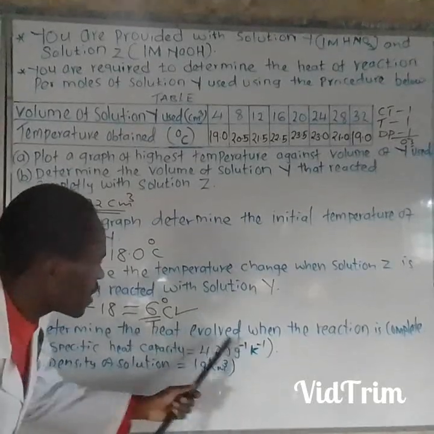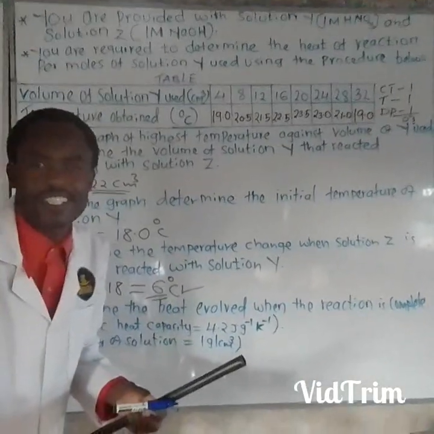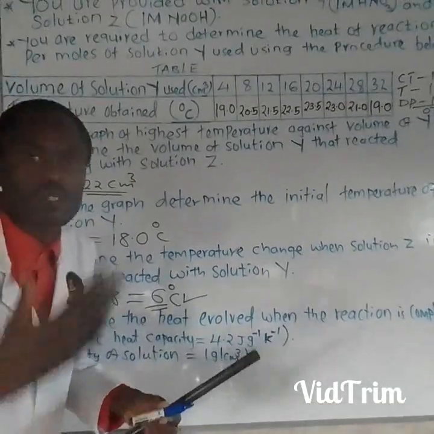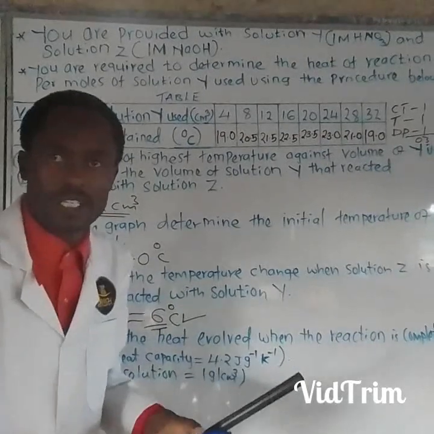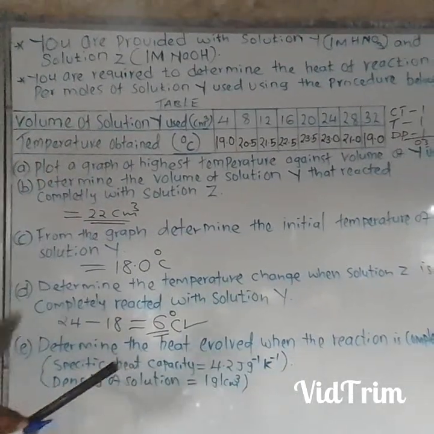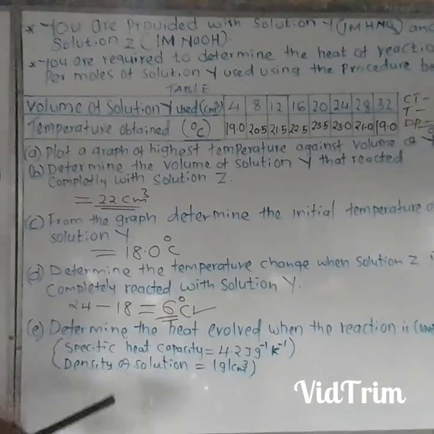To calculate the heat of the reaction, we have a formula, and you know this. As we do it, we are just confirming the basic knowledge you already have in class. Is the board visible? Okay, thank you.